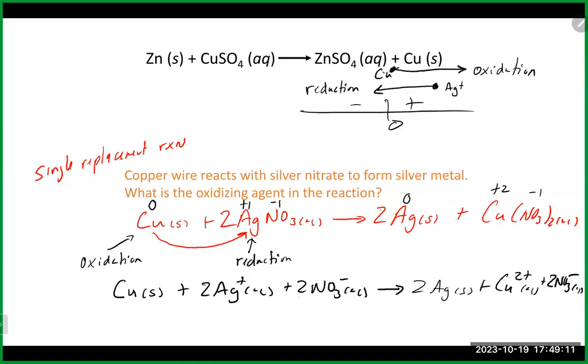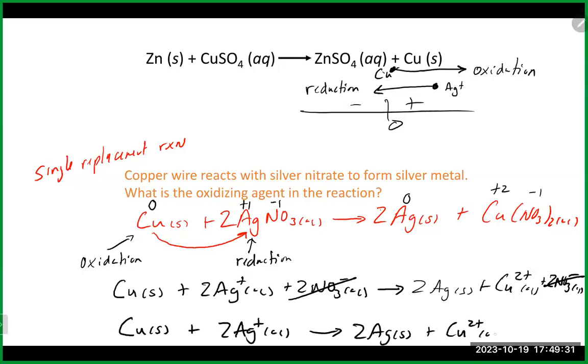And as you can see, the nitrate is a spectator ion in this case. That leaves us really what is happening in this case, which is our net ionic equation, which is basically this reaction taking place. Our net ionic equation, our total ionic equation, and obviously our molecular equation in this case, right?